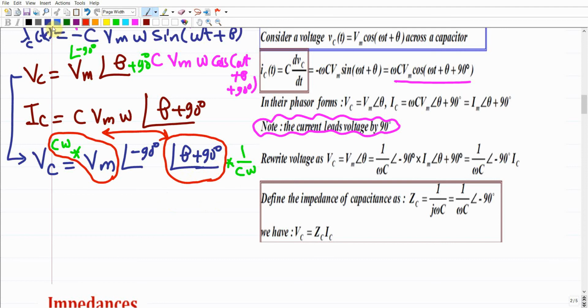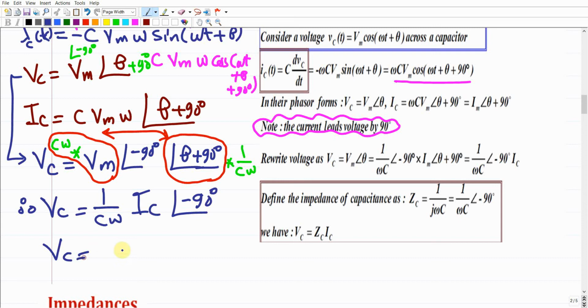So we can end up with VC written as 1 over C omega times IC with angle negative 90 degrees. Make sense? This negative 90 degree gives us 1 over J, and the J is in the denominator. It means that we can write VC as 1 over J, where J is square root of negative 1, C omega times IC.